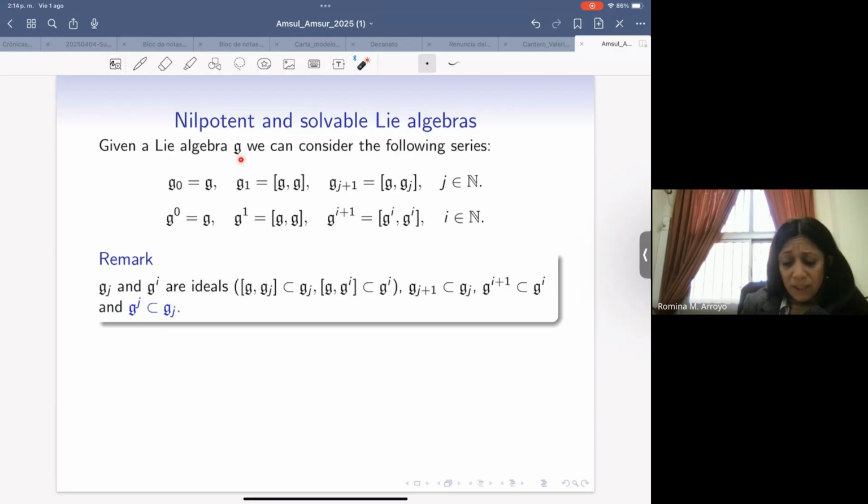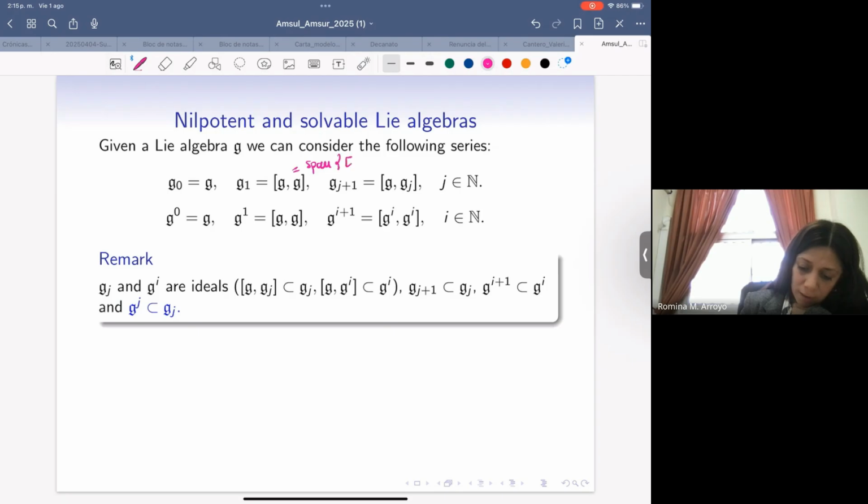So in general, if you have a Lie algebra, you can consider these two series, okay? This is denoting the space generated by all the brackets [x, y], with x and y in G. So this is the span generated by all these such that x and y are in G. You can consider these two series.